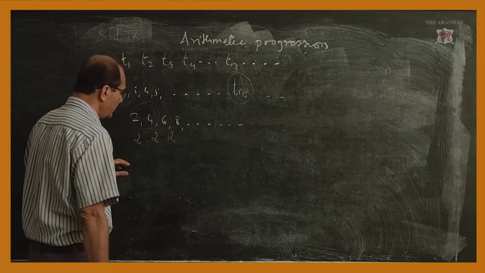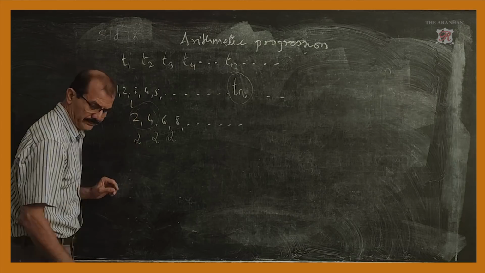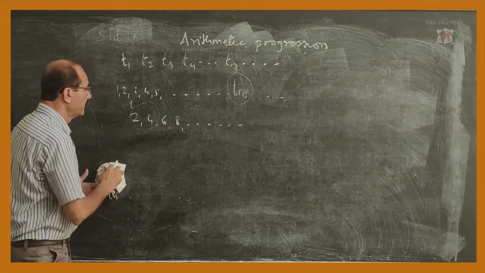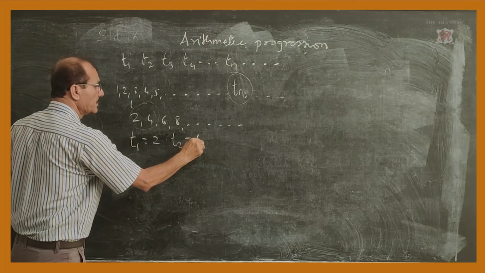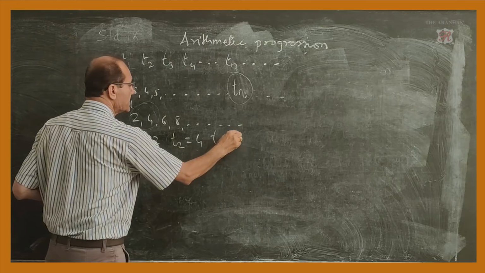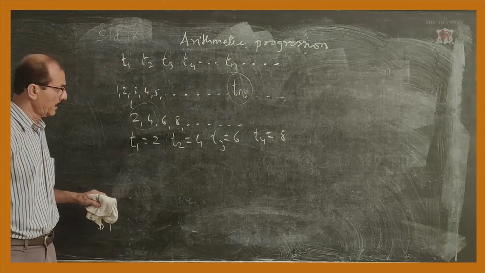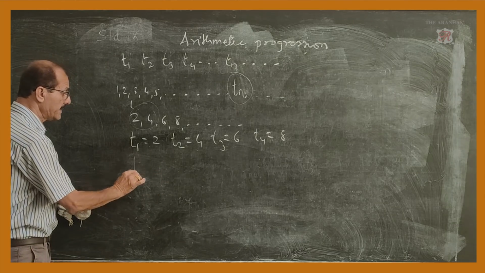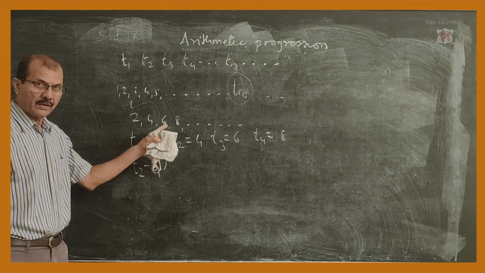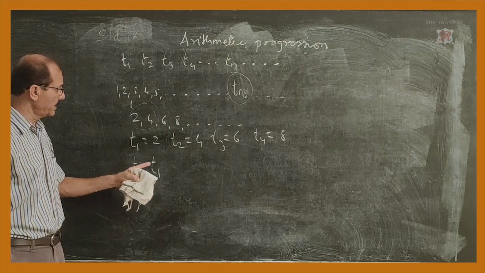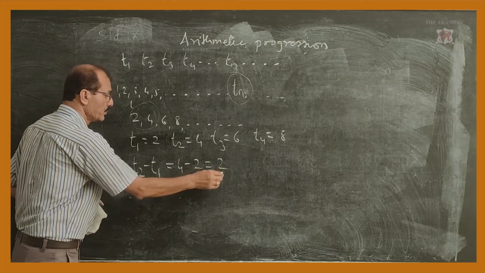So in general, suppose this is my T1. My T1 is 2, my T2 is 4, my T3 is 6, my T4 is 8. What we have to check is the difference in the consecutive terms. T2 minus T1: 4 minus 2, which is 2.